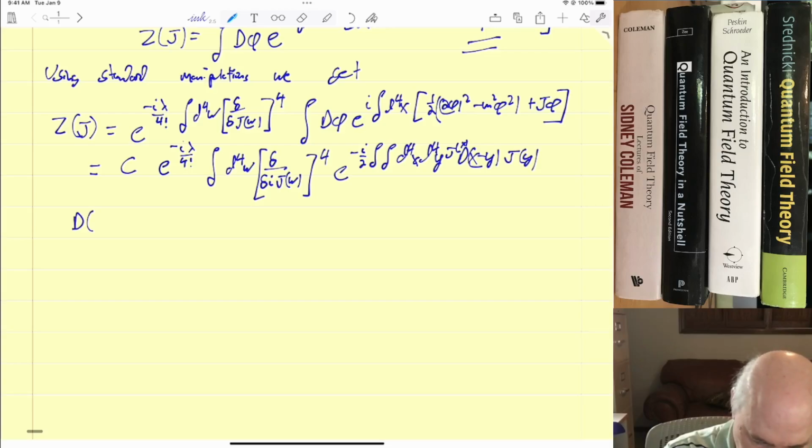And D of x minus y is just the Feynman propagator for scalar particles.